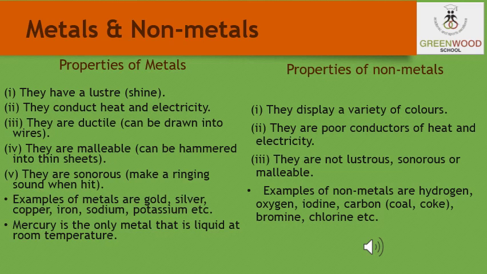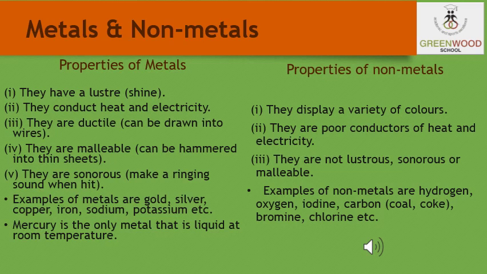So students, mercury is the only metal that is a liquid at the room temperature. Gallium and cesium, because of their very low melting points, remain in the liquid state at a temperature slightly above the room temperature. Now let us discuss the non-metals.